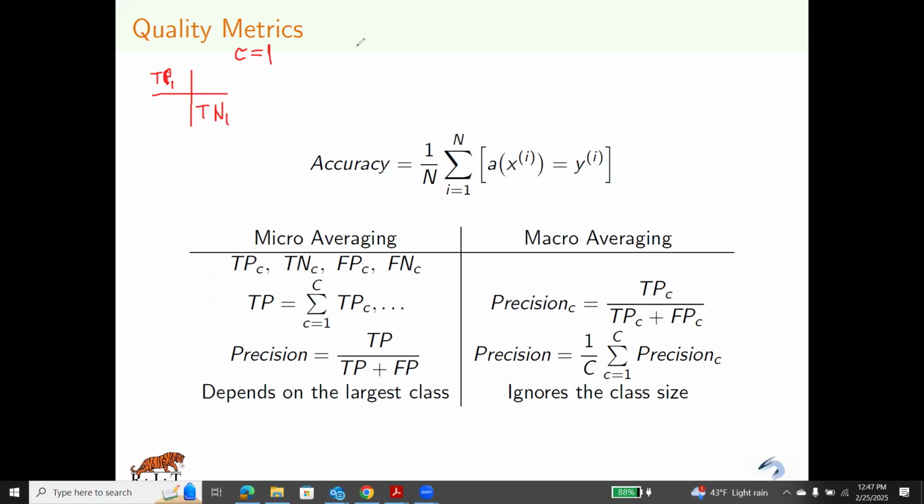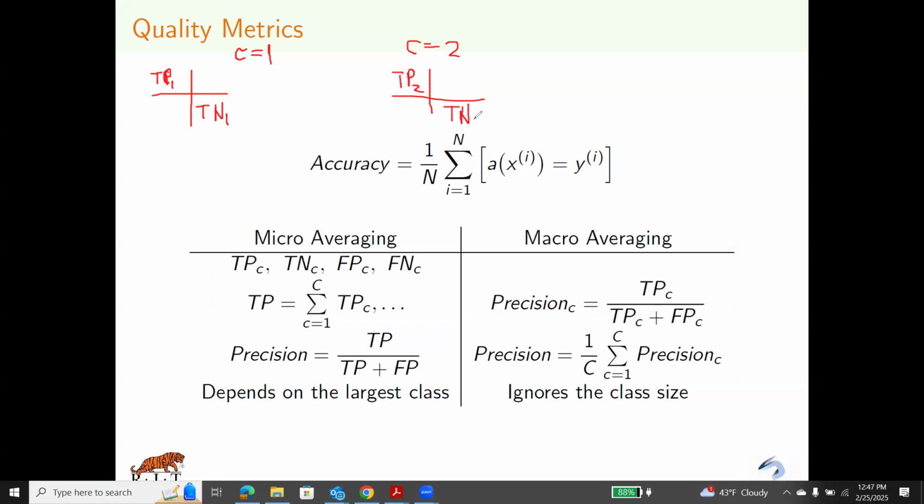Then we will build this matrix for class 2. So we will calculate how many points with true label 2 our model predicted as class 2. And we will denote this true positive with index 2. And if our model predicted the point as a different class and the label was different, they shouldn't coincide, just different from 2, then we will call this true negative.